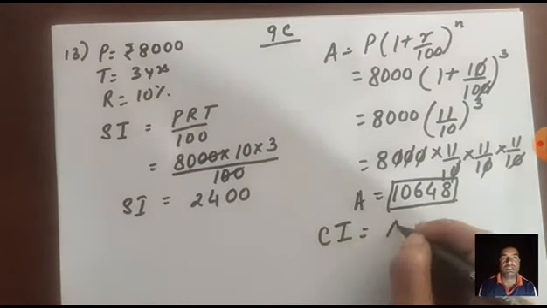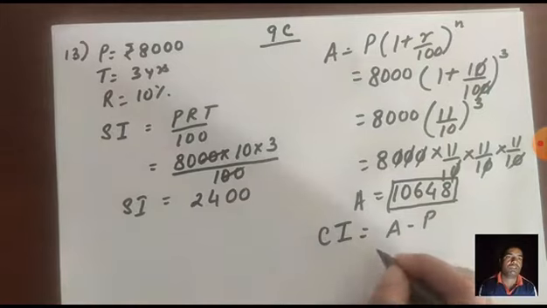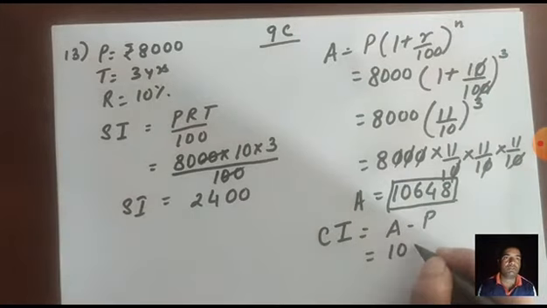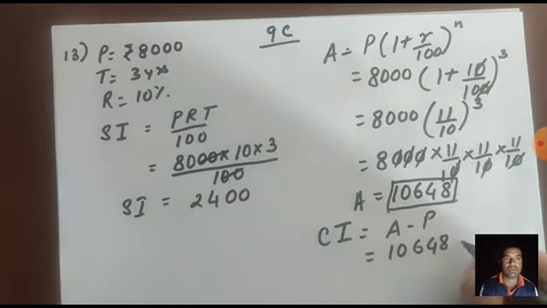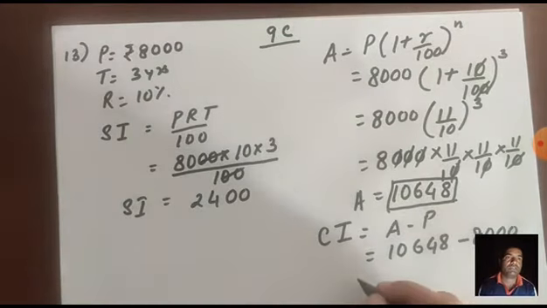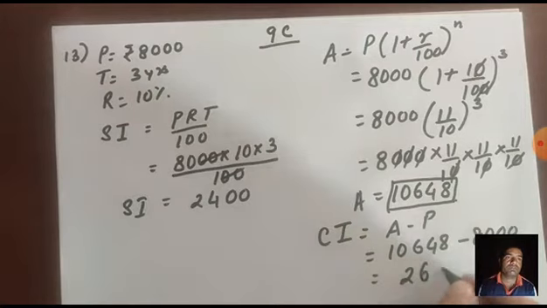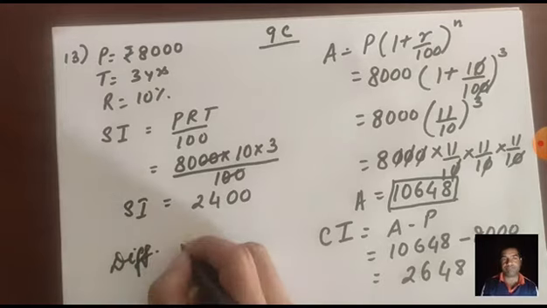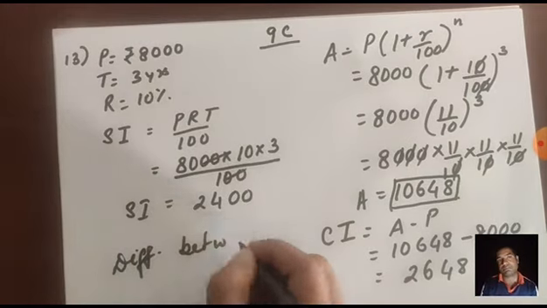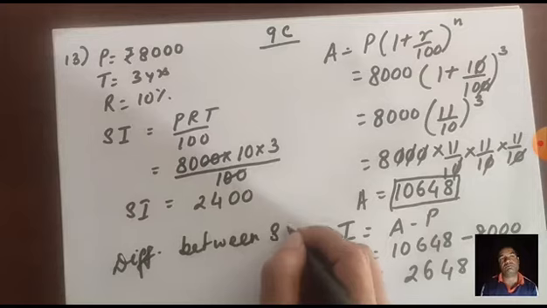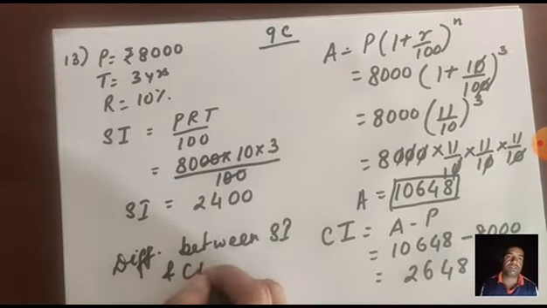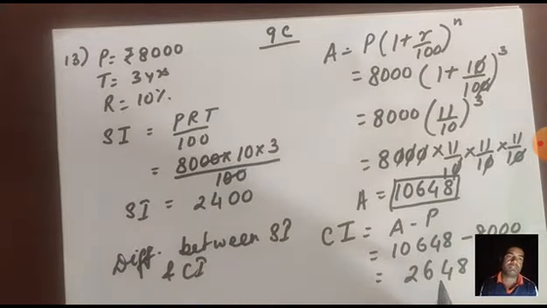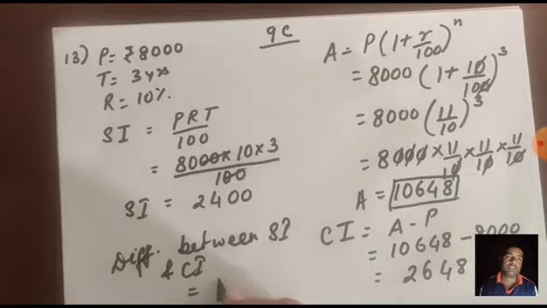Now we have to find the compound interest. Compound interest is the amount minus principal. The amount is 10,648 minus 8,000, which is given at the start. So it is 2,648. Now we have to find the difference between the compound interest and the simple interest. We can compare easily: compound interest is greater.